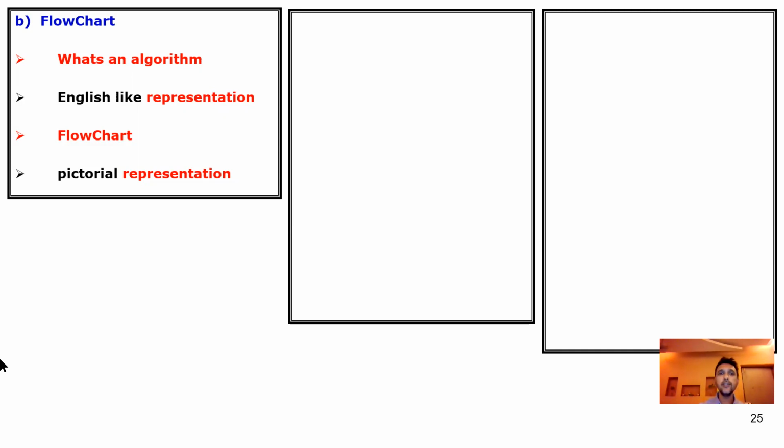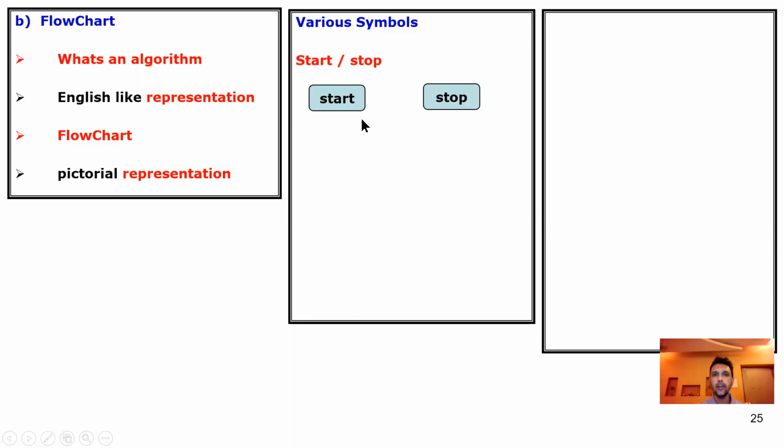Now, let's try to understand the various symbols which are used in a flowchart. You don't need to copy all these symbols. They are there in your printed notes and you have already written refer PN 8 to 13. So just pay attention. Don't write anything. Be attentive. Few things are difficult. Now, if you want to depict start and stop in your flowchart, you will use a flat oval.